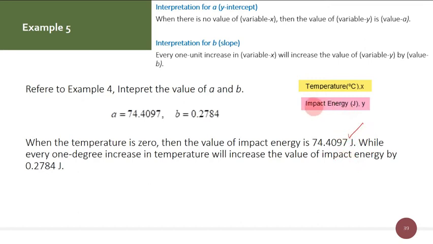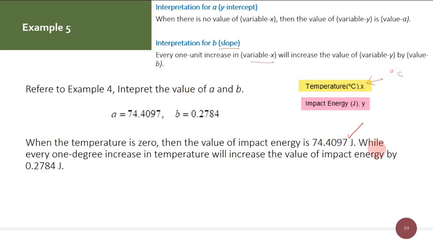Now interpret the slope. Every 1 unit increase in variable X. What is the unit of variable X? Your variable X is temperature, and the unit is degree Celsius.